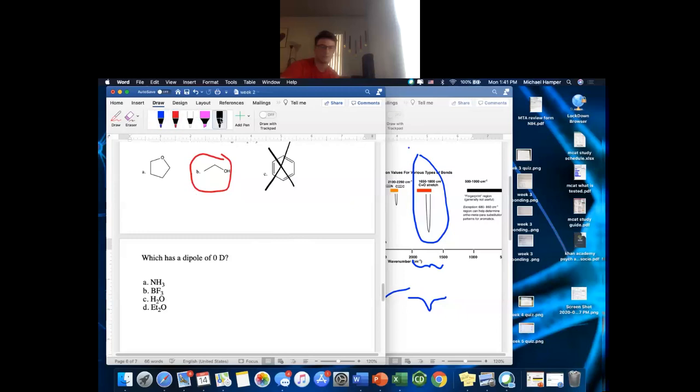I'm not going to draw them all out, but even with a bond line drawing, like this ethyl, you'd see there's a net dipole upwards. Something that has a net dipole of 0 is something where the dipoles all cancel out.